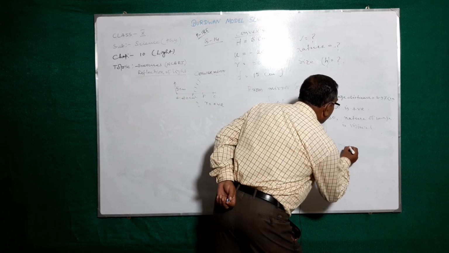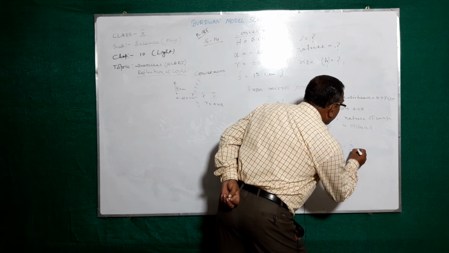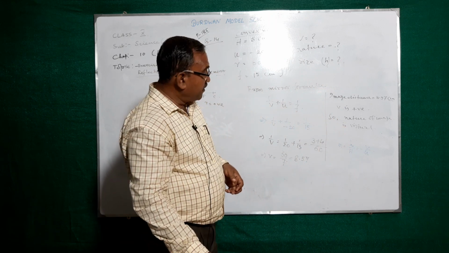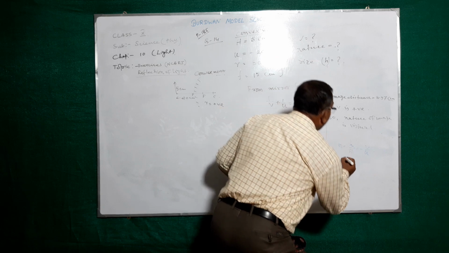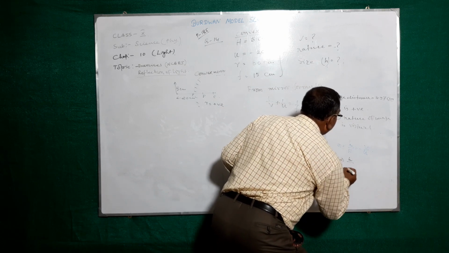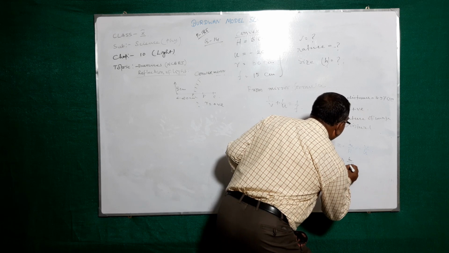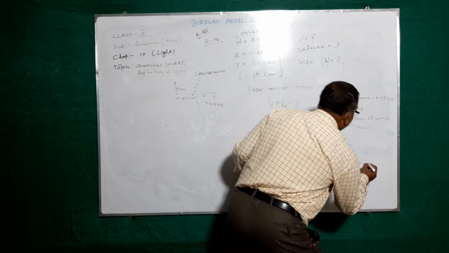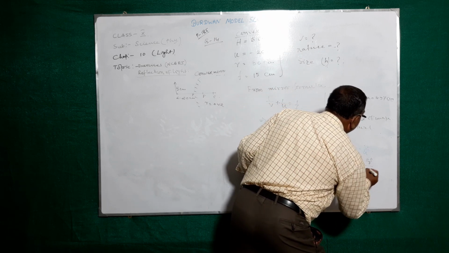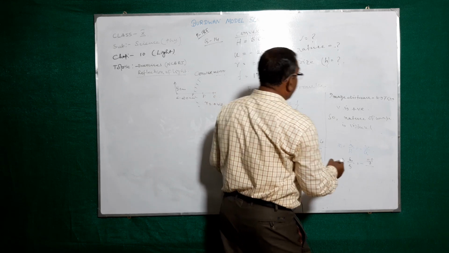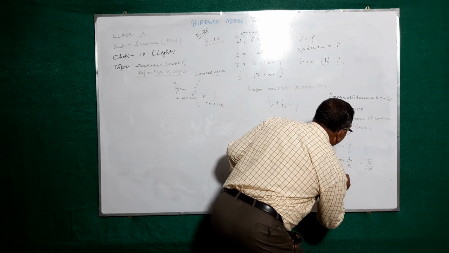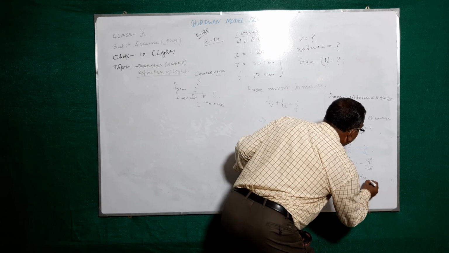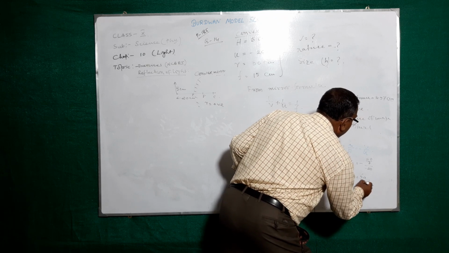M equal to small h by capital H equal to minus V by U. You put it. Capital H equal to 5, V equal to 60 by 7, U equal to minus 20. So, h by 5 equal to minus 60 by 20 into 7, which is 3.